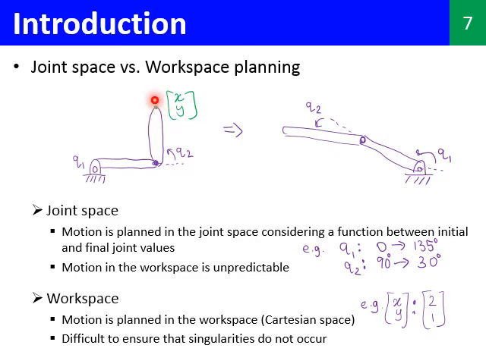Okay, so that end effector position changes from 2, 1 to, let's say, the final position is -3 and 1.2. Okay, so that is this final point. Okay, so here we are talking about change in the end effector position in Cartesian space.